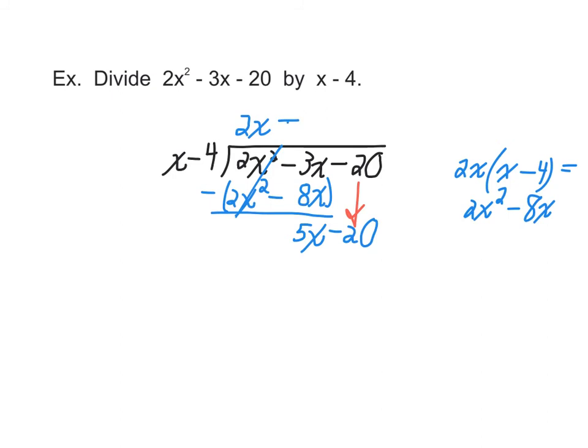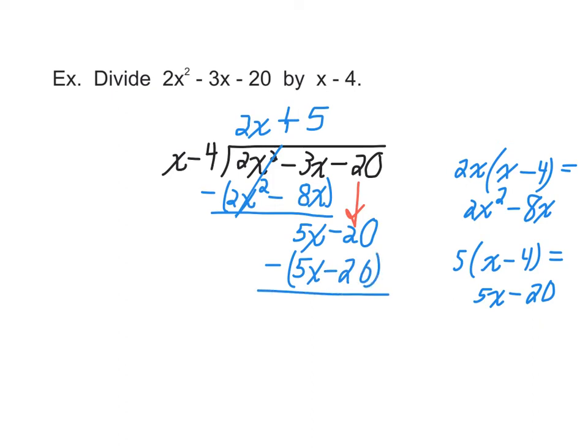That would be 5. The exact value of 5 times x minus 4 is 5x minus 20. Or a remainder of 0. So 2x squared minus 3x minus 20 divided by x minus 4 is exactly 2x plus 5, and no remainder.